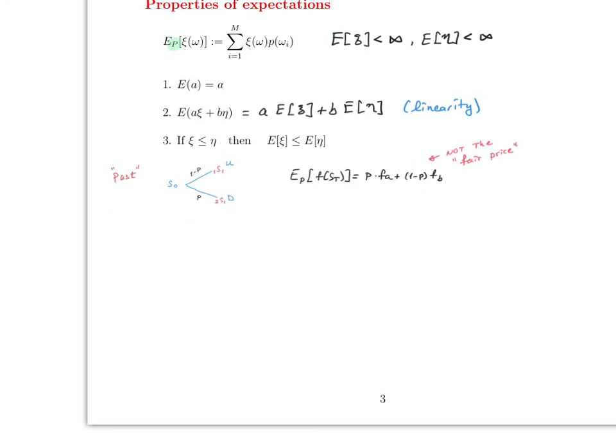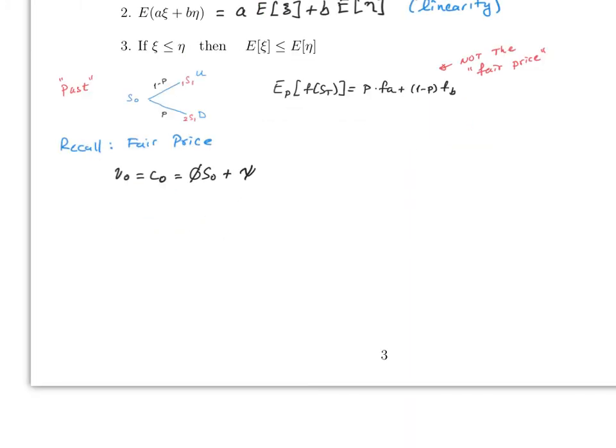So recall the derivative price, which you will have on the test. The first price was given by B0 or C0, which was equal to phi S0 plus psi, for which we have formulas to find this. Again, this is what you will have on the test.